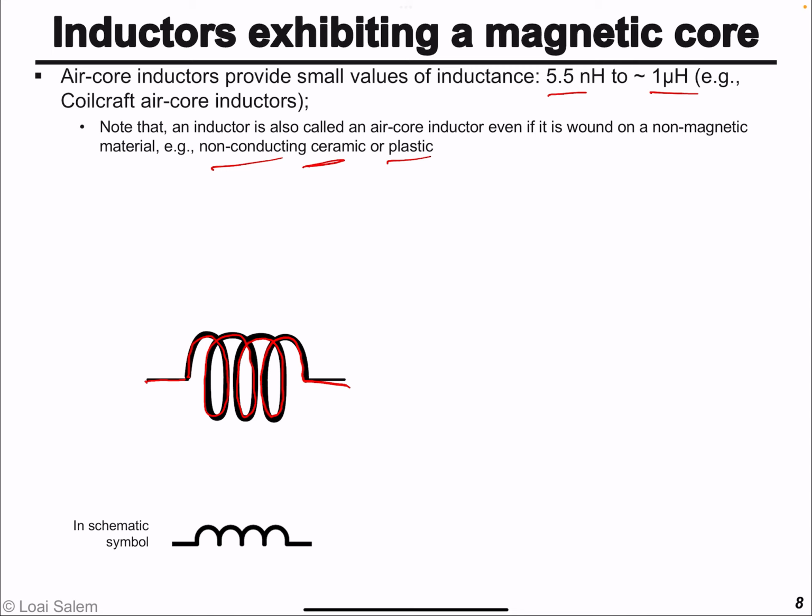So how do we achieve higher values of inductance? Well, the secret is this: for the same geometry, the same inductor that we rolled around the pencil gives an inductance of, say, about 0.5 microhenry.